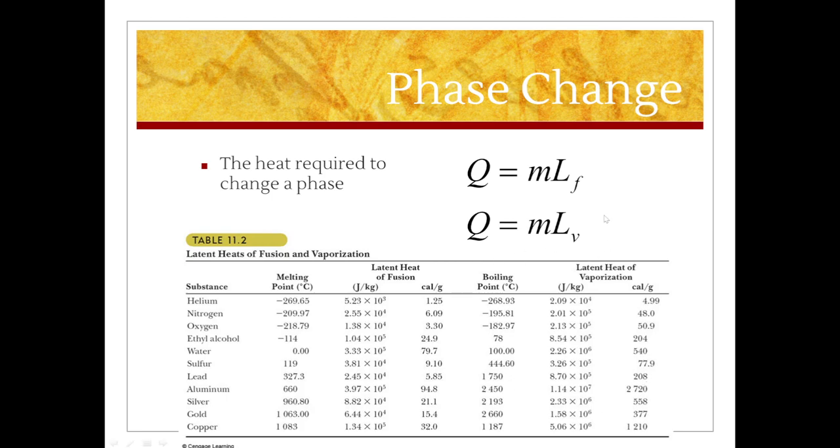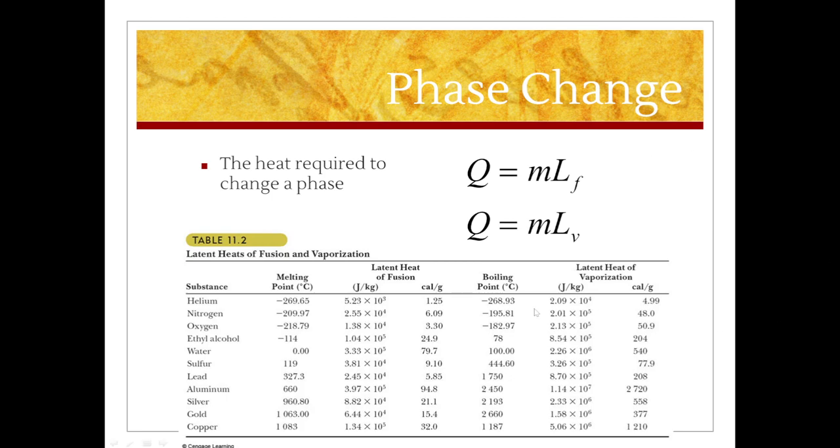The second version of the formula, Q equals mL_v, refers to the latent heat of vaporization. And this is a separate list of constants that, rather than referring to melting and freezing, refers to boiling and condensing. There's different constants for the evaporation processes from liquid to gas than there is from solid to liquid.